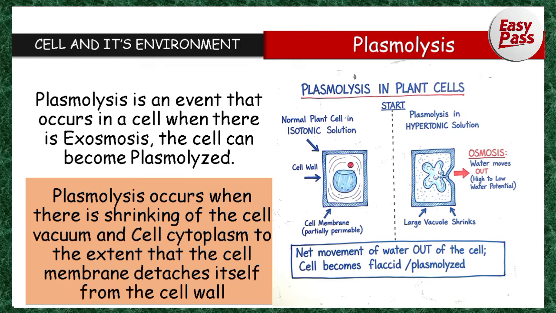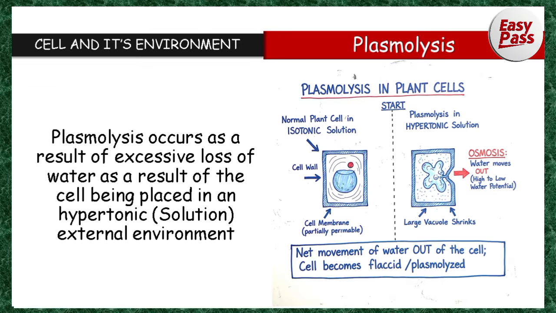Plasmolysis occurs when there is shrinking of the cell vacuole to the extent that the cell membrane detaches itself from the cell wall, as a result of shrinking of the cell vacuole and also the cell cytoplasm. This will only occur when there is excessive loss of water from the cell internal environment. So exosmosis will result in plasmolysis.